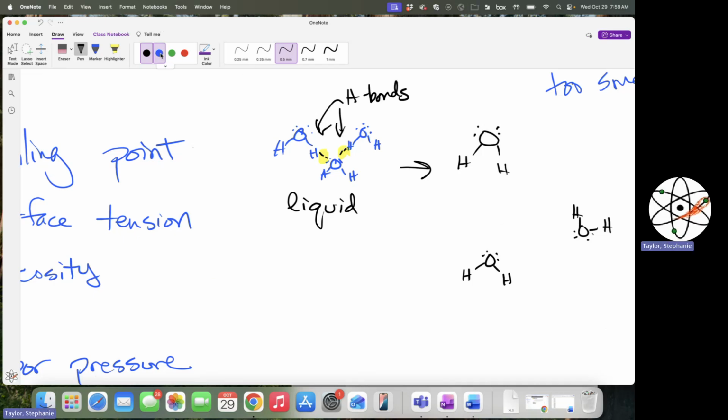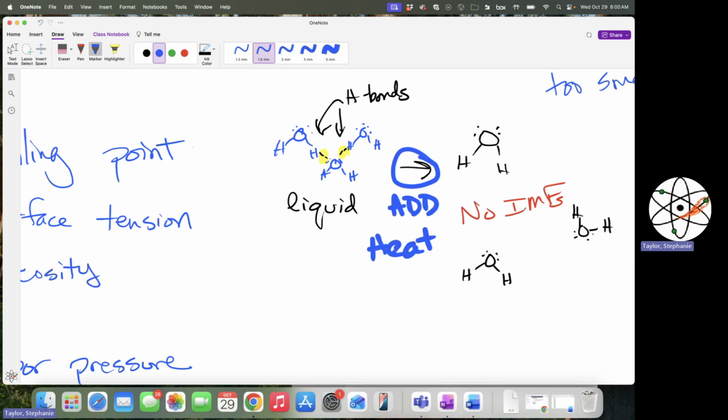And now when I look on the right-hand side, there are no intermolecular forces, essentially. The molecules are now too far apart. But in order to pull that off, we had to add heat. So essentially, when we talk about boiling, we talk about adding heat so that the intermolecular forces are not strong enough to hold the molecules to the other molecules.